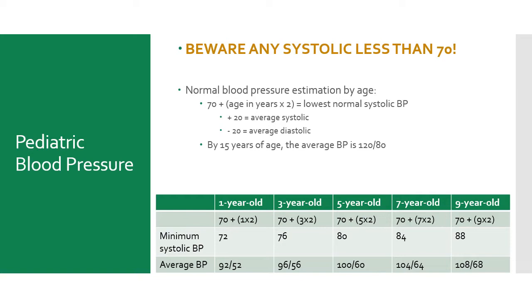And you'll notice if you wanted to map those out that the mean arterial pressure is greater than 65 in those. So the take home from all of this is that when you look at that equation, it starts at 70. So I want you to be aware of any systolic less than 70. That's considered hypotensive regardless of the age, except for that freshly newly born child.